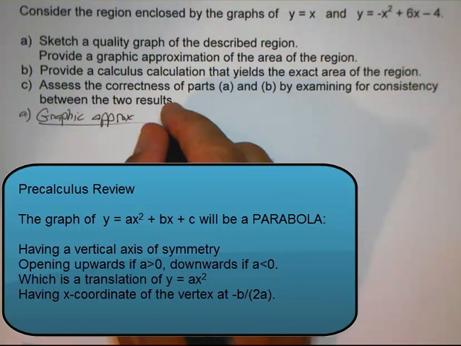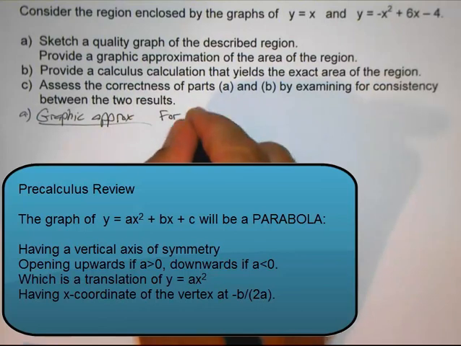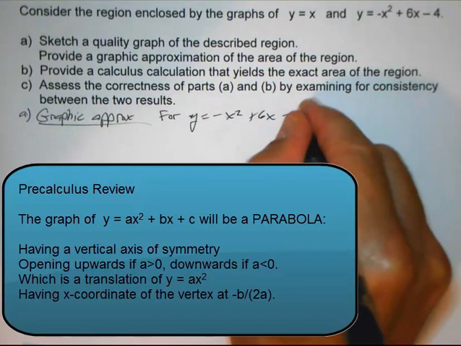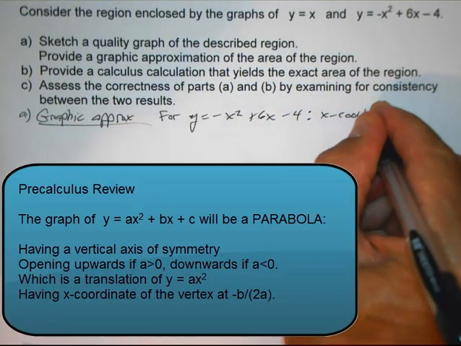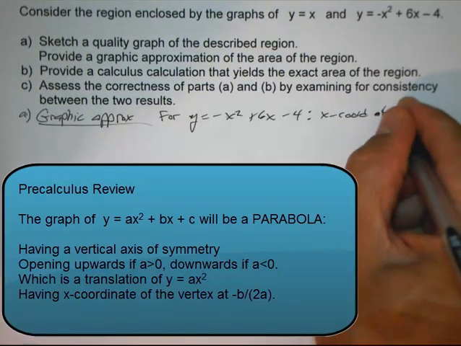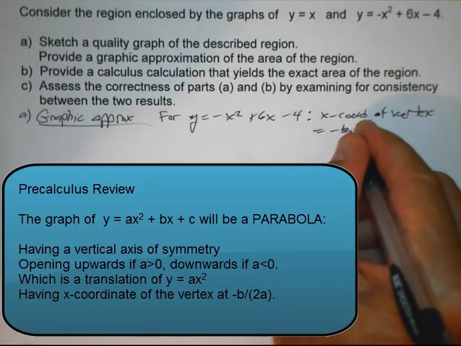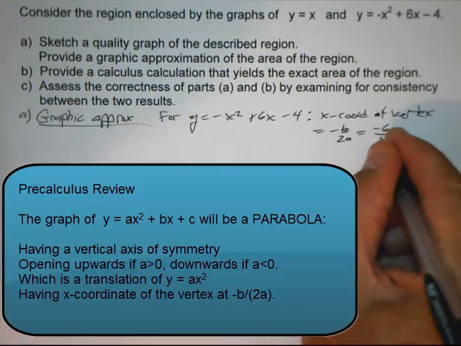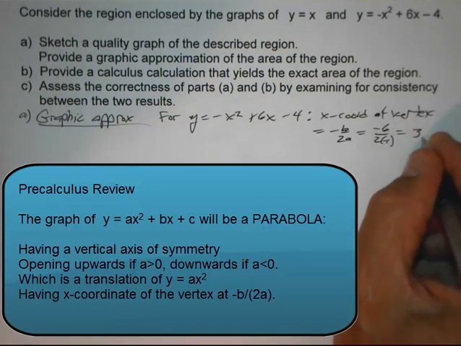So for y equal negative x squared plus 6x minus 4, the x-coordinate of the vertex equals negative b over 2a. In this case, that's the negative of 6 over 2 times negative 1, which is negative 6 over negative 2, a positive 3.